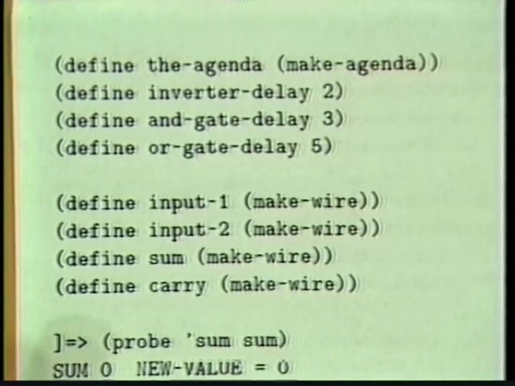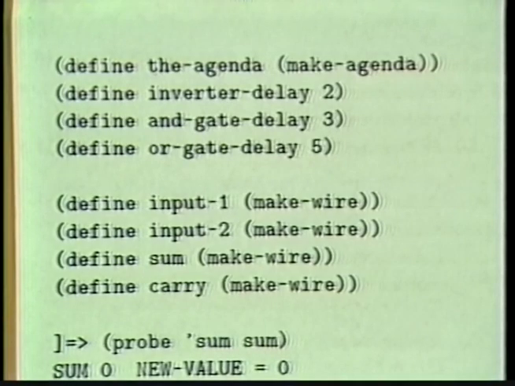Actually, not exactly this simulator, because I'll tell you the difference. The difference is that there were many more different kinds of primitives. There was not just the word inverter or AND gate. There were things like edge-triggered flip-flops and latches, transparent latches and adders and things like that.